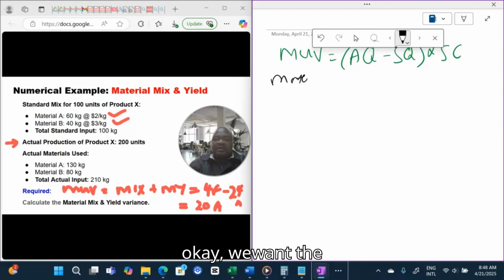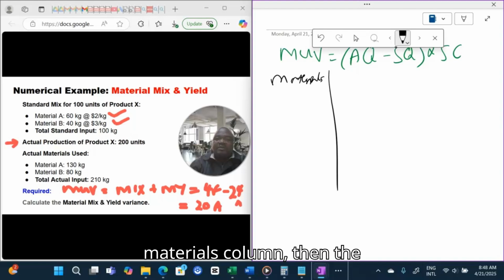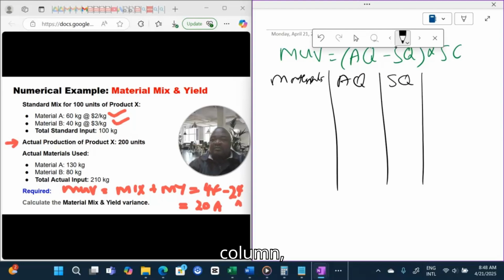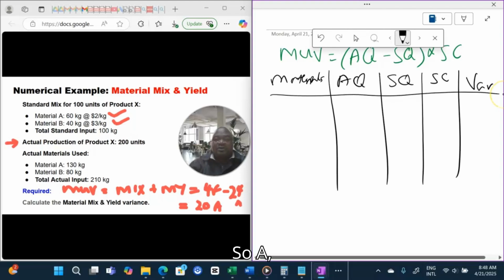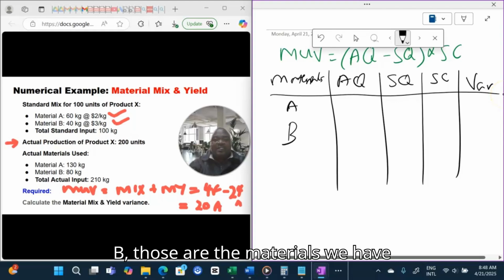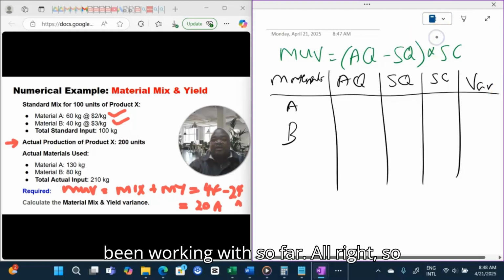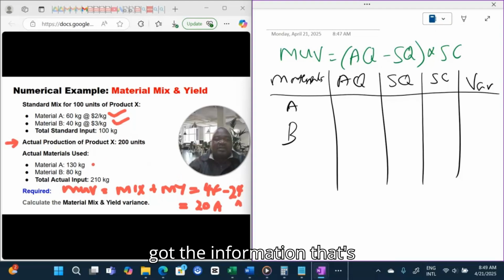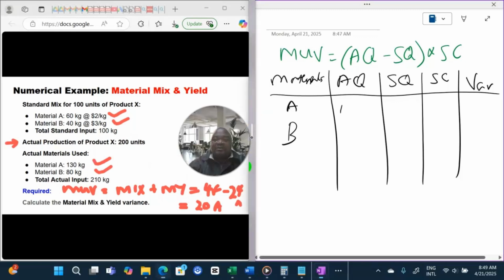Okay, we want the materials column, then the AQ, actual quantities column, and the standard quantities column, standard cost, and the variance column. So A, B, those are the materials we have been working with so far. All right, so the actual quantities used, we have got the information, that's 130 kgs, 80 kgs.